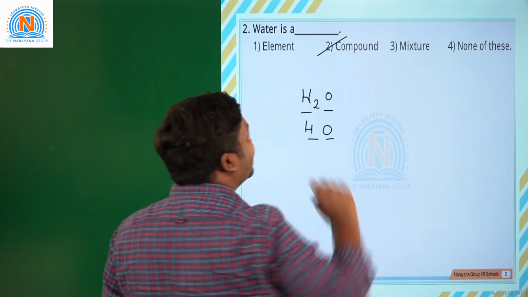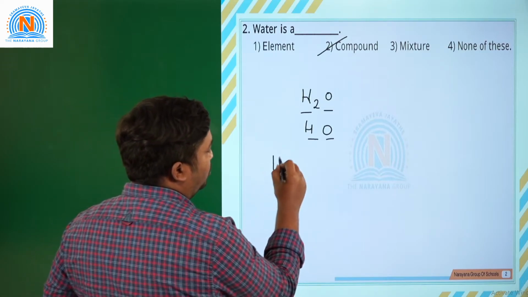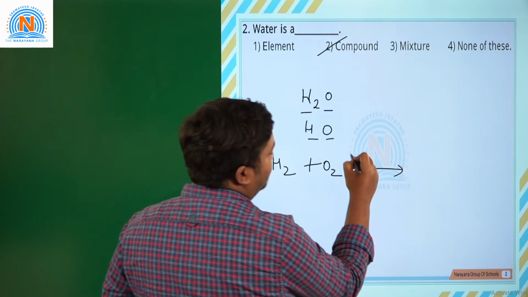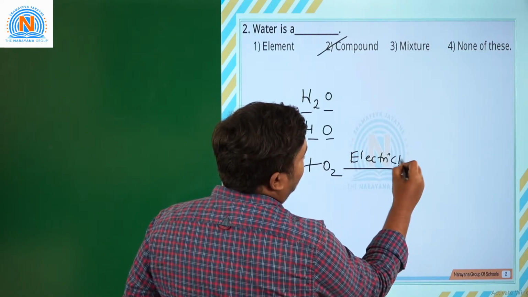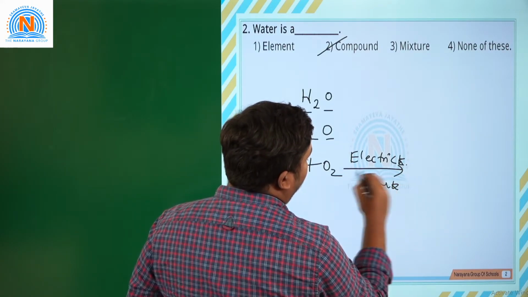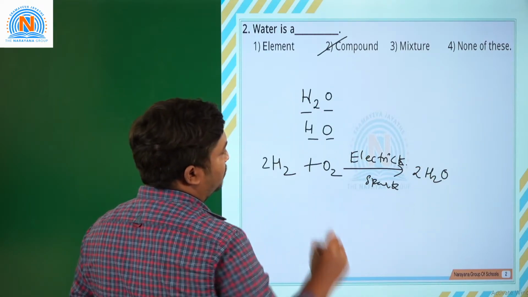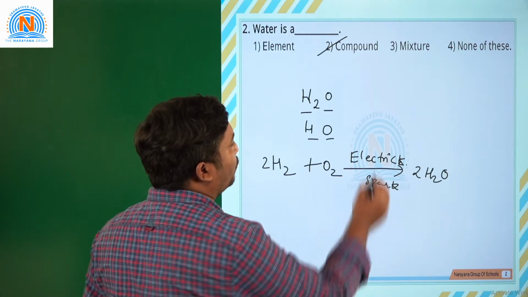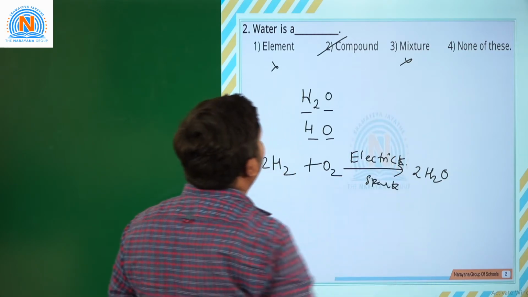Here you cannot call it a mixture, because hydrogen and oxygen, H2 and O2, react when there is some electric spark to form 2H2O. So here this is a chemical reaction, therefore it cannot form a mixture, nor is it an element, it is a compound.